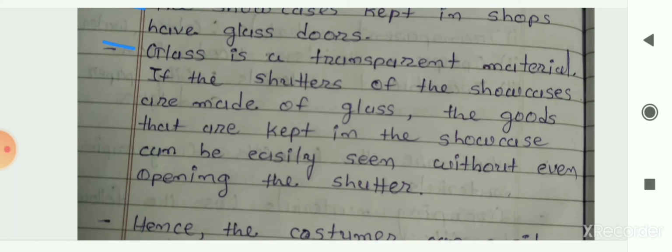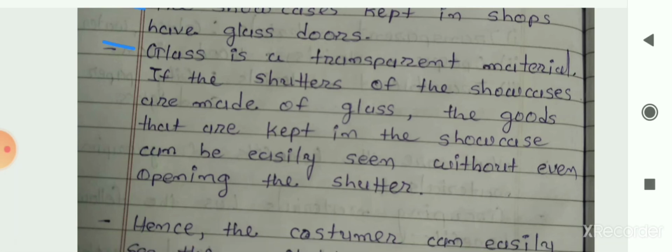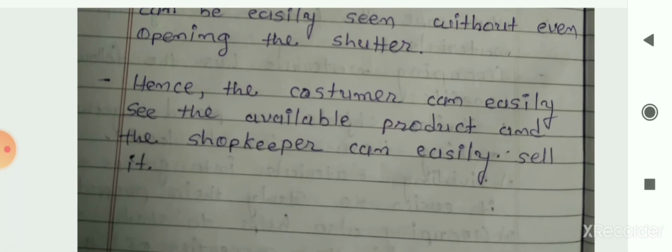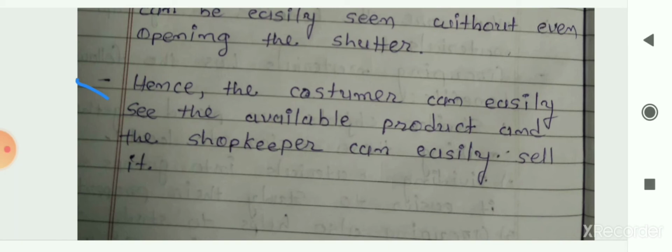If the shopkeeper keeps a shutter or door of the showcase made up of glass, then it is easier to see what items are kept over there in the showcase without opening the door, because glass is a transparent material, and hence the customer can easily see the available product and the shopkeeper can easily sell those items. So this is why the showcases kept in shops have glass doors.